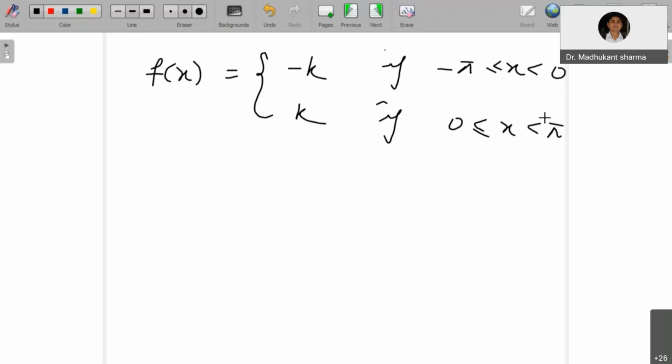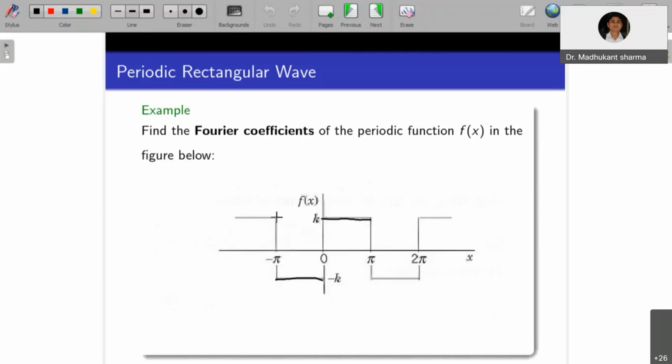There are various ways to define this. At minus pi, you have minus k. This is 3 pi here.